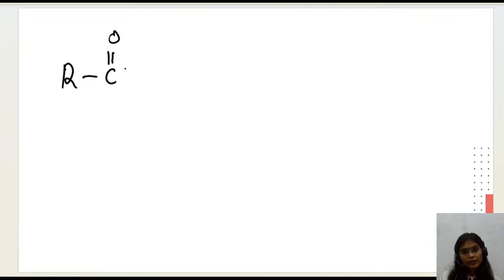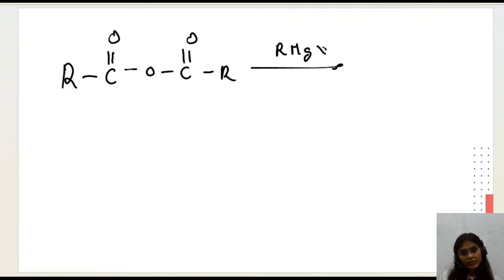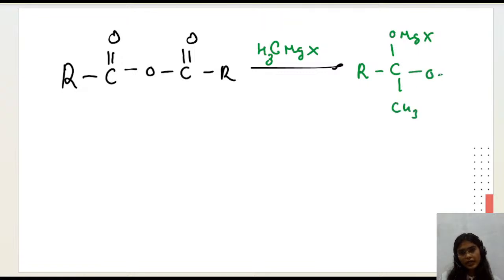Let's suppose you have this again. This is anhydride, right? And again you have to add R MgX. If you are using this, then this MgX part is connected here, and this CH3 group is connected here, and this is O, CO, and R there. Again, because of the hydrolysis, what is going to happen? This combines with hydrogen. This is a very good leaving group now.